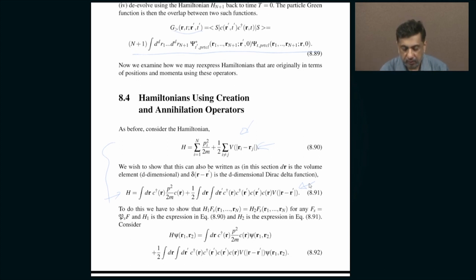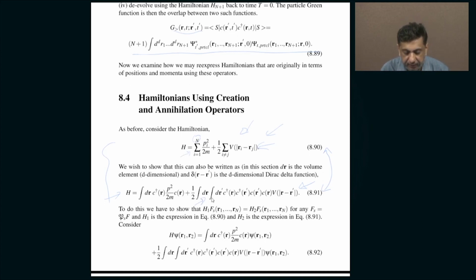So the claim is that 8.91 and 8.90 are operator identities, meaning they correspond to the same operators, provided that there are n particles. I do not have to qualify 8.90 by saying it has n particles, that is apparent from the definition, but here it is not apparent.